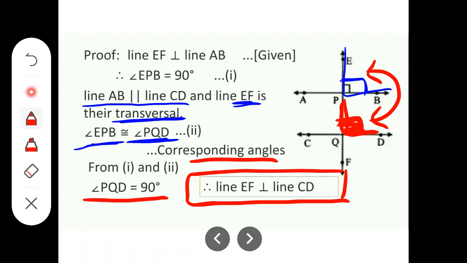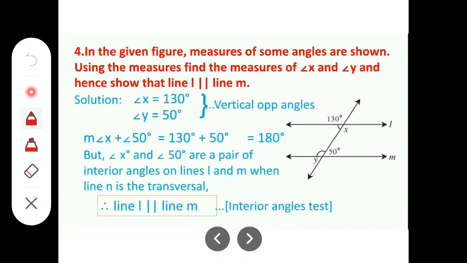Now go to the next example. That much is the solution, only 4 to 5 lines. Again, an easy example. See what it is. In the given figure, measures of some angles are shown. See here, the measure is given along with your diagram.